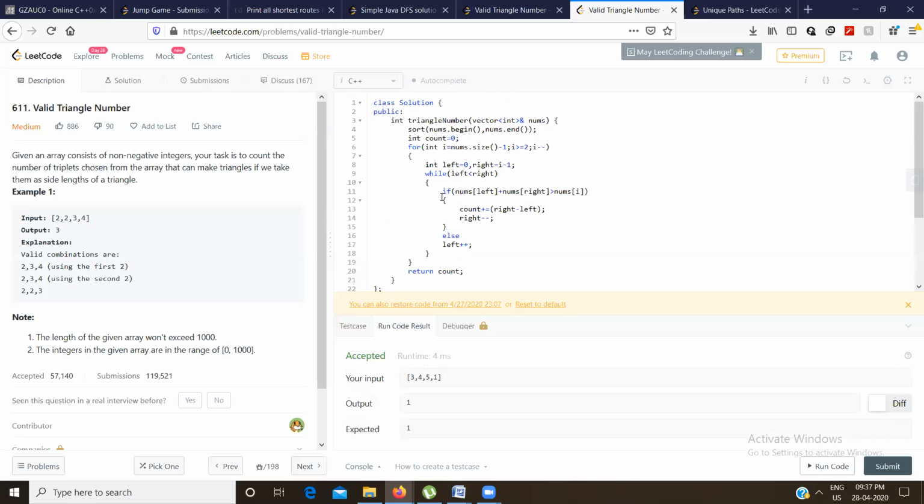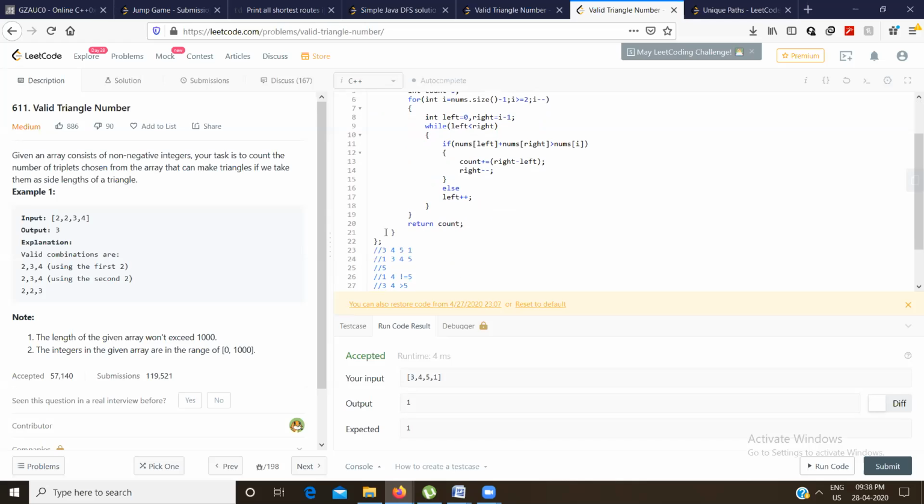Because it is already sorted, it only considers that the sum of the previous numbers has to be greater than the current one, and the current one is the highest one in the sorted array.